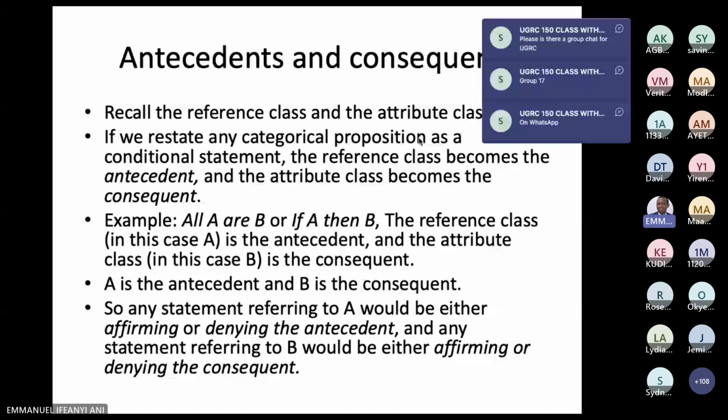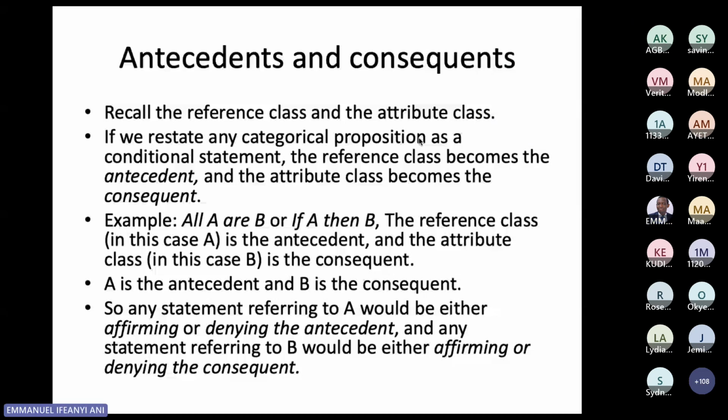Now, the major premise is the premise that can be converted to a conditional. When you convert the major premise to a conditional statement, the first part, the if part, is the antecedent, and the second part, the then part, is the consequent.